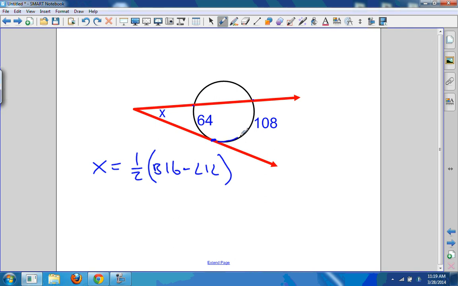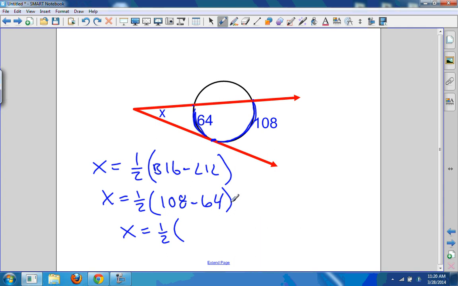All right, so the big arc is 108, right? 108 minus the little arc is 64. So we can say X is equal to 1/2 times 108 minus 64.